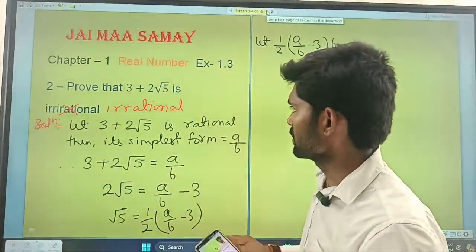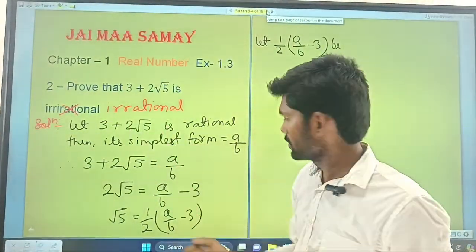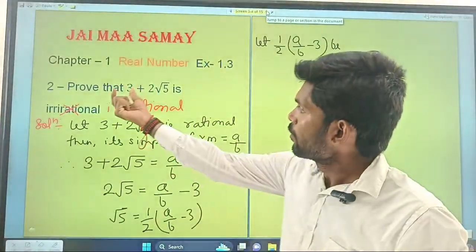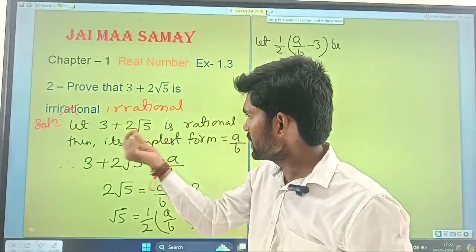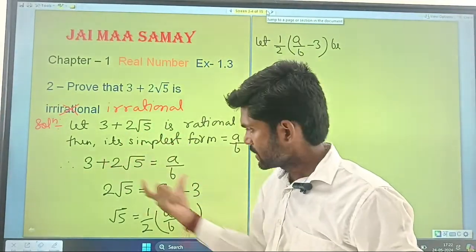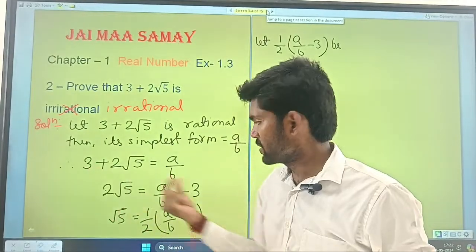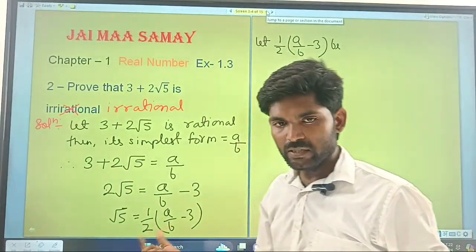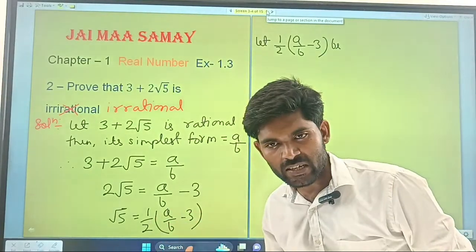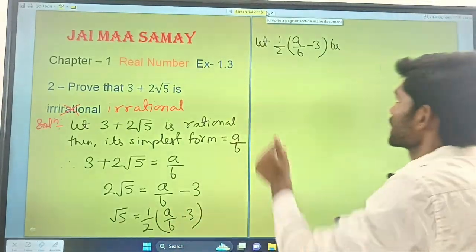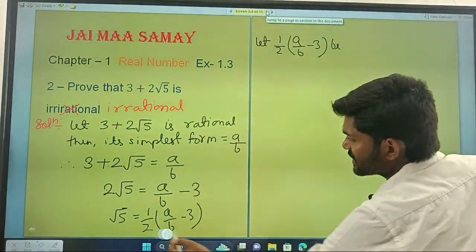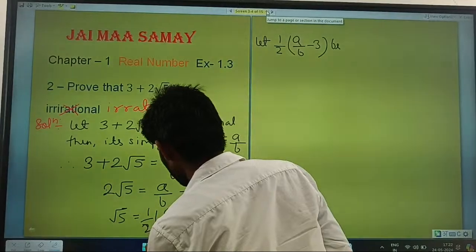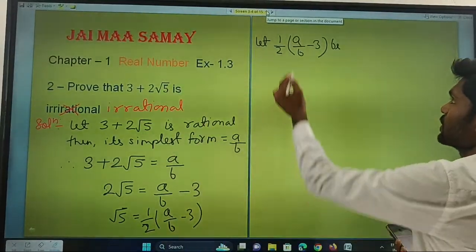I am repeating again. First suppose rational, then simplest form a upon b, then transposing: plus becomes minus, multiply becomes divide. So the right side is rational.